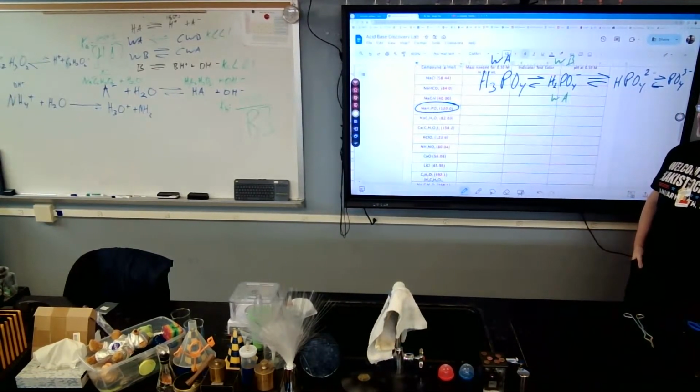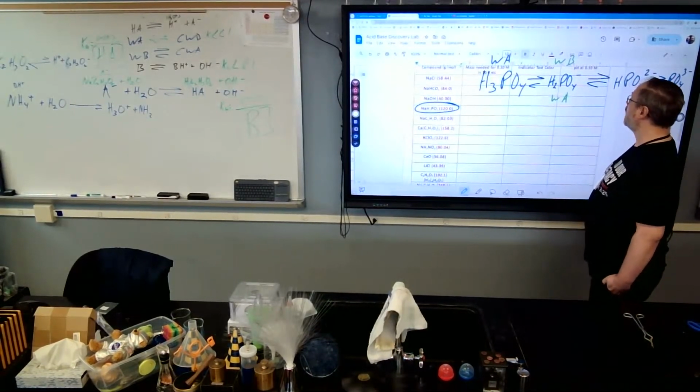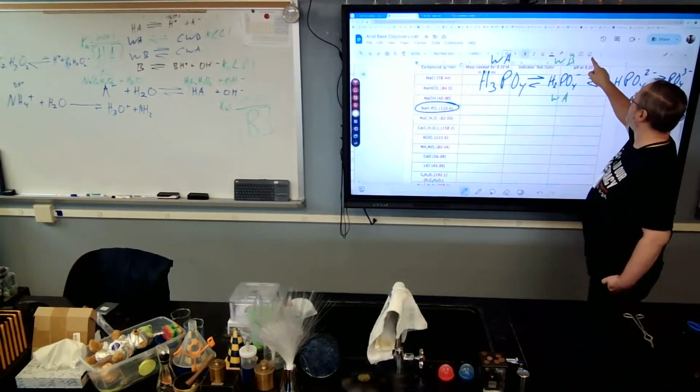There's a term for this. It's called amphoteric, when you can release or gain a proton. Like water is amphoteric, forming H3O+ or OH-. So if it acts as a base, then if you put it in water, it's going to form an acidic solution.